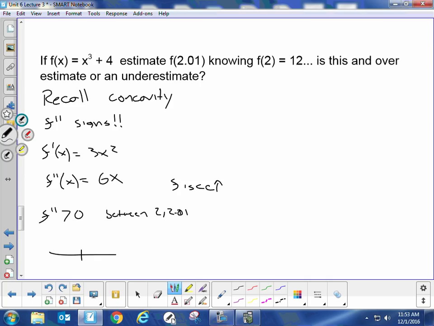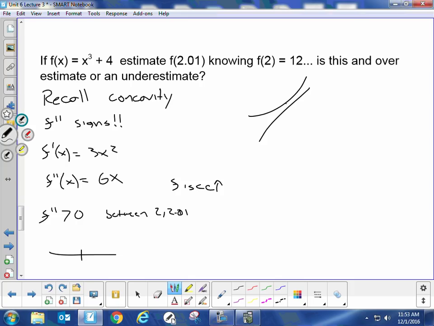Now, you're going to get your approximation, and then you're going to be able to tell whether it's an under or over. When you know something is concave up, don't memorize if your approximation will be over or under. Just go ahead and draw a piece of graph that is concave up. Draw a tangent line so that you know your approximation will be what? Over or under the actual?